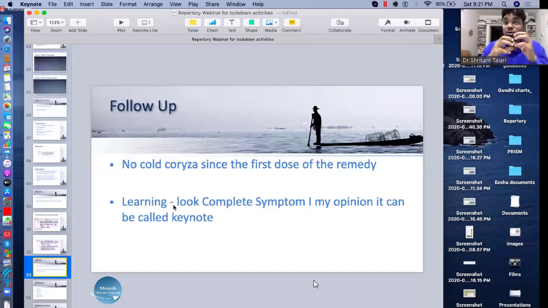Location, sensation, modality, concomitant, cause, ODP, can all these come together? If all these can come together, that is what we also call in homeopathy keynote prescribing. So if we don't find a general, then use the repertory to find keynotes by trying to form complete symptoms.